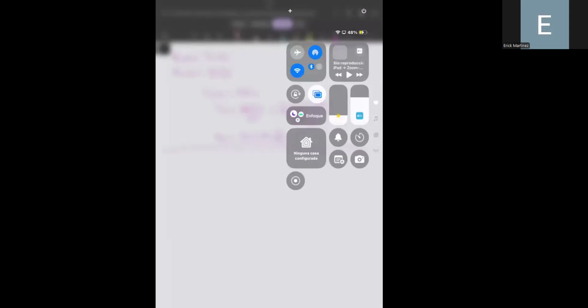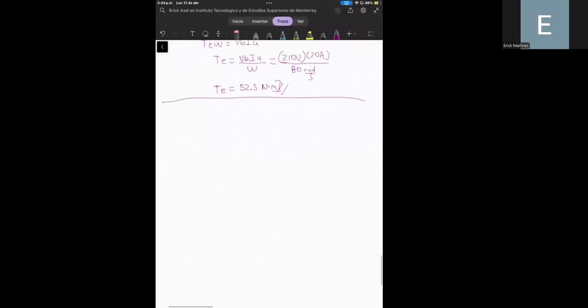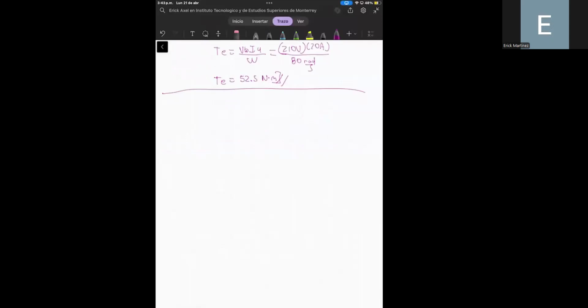We know that the voltage is 400 volts. Also, we know that the armature current is 100 amperes and the speed is 1000 revolutions per minute, and the armature resistance is 0.25 ohms. Okay. And we need to compute the torque produced by the motor.